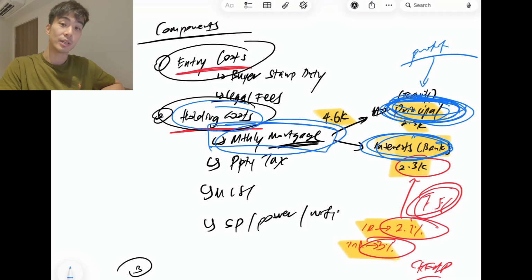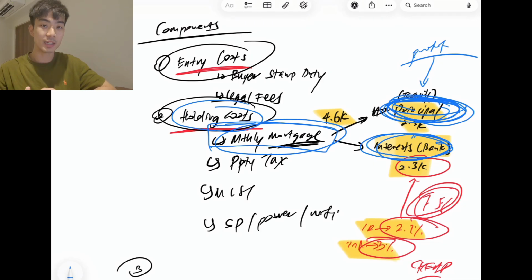And your tenant is also paying your principal, which, if you were staying in your property, would be your own contribution, your own savings, a kind of forced savings. But now that the tenant is paying for you, it's an external input of capital. So this principal amount becomes your additional profit.